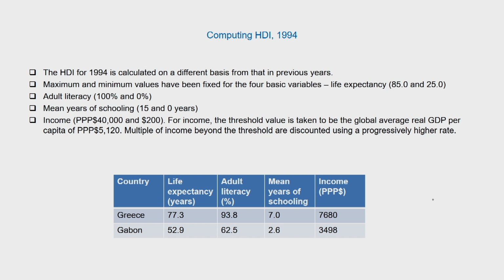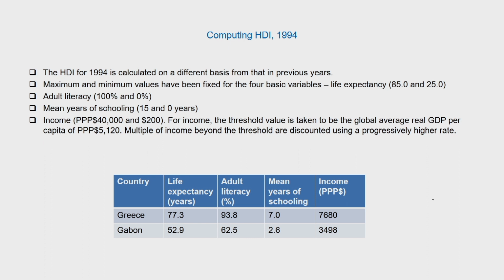As I have already mentioned, in 1990 there were three dimensions. In 1994 the HDI was calculated on a different basis from that in the previous years. In this HDI calculation, minimum and maximum values were fixed for the four basic variables.